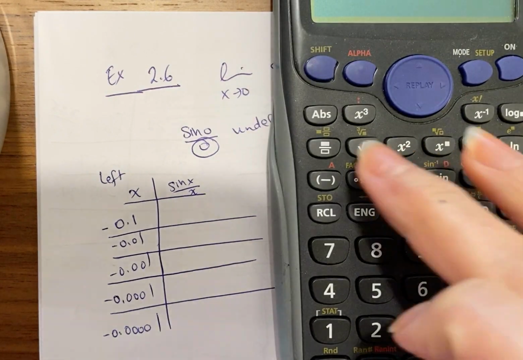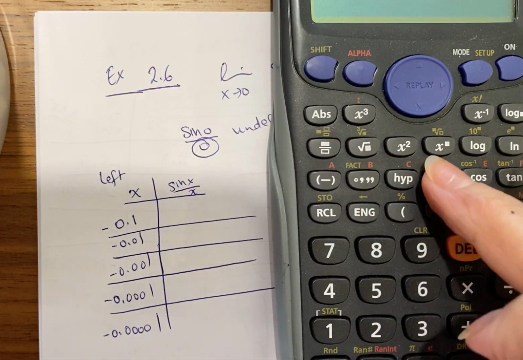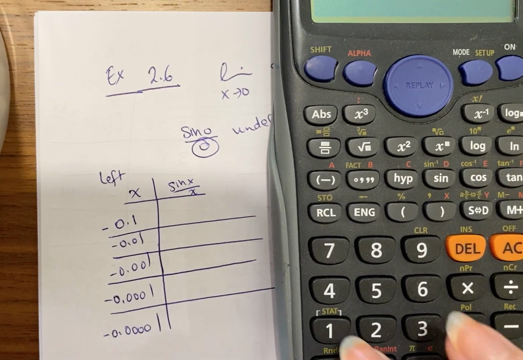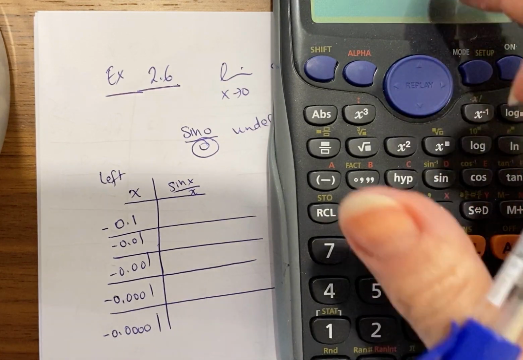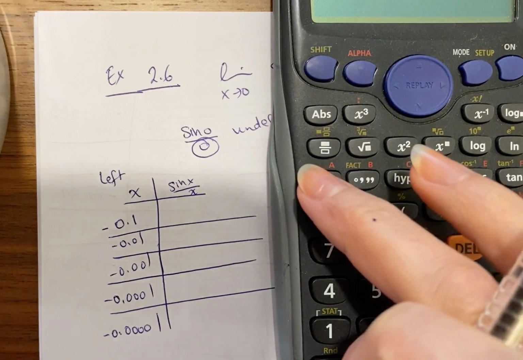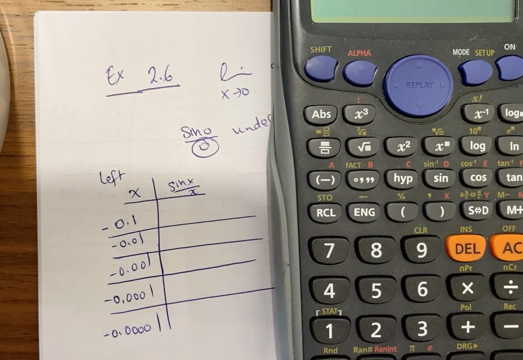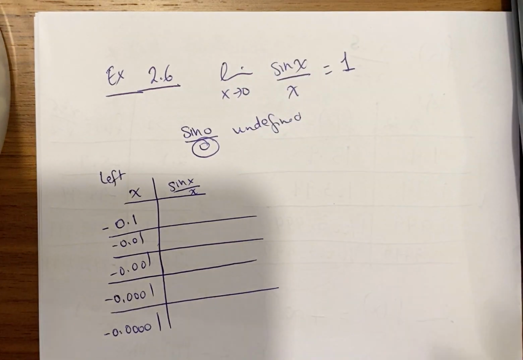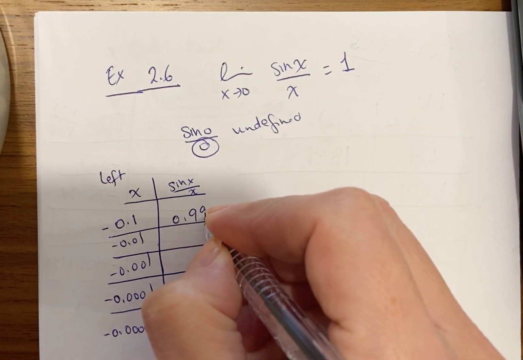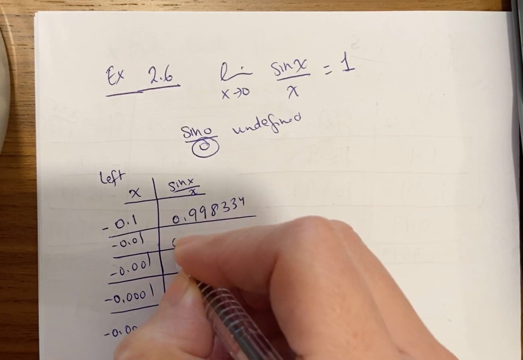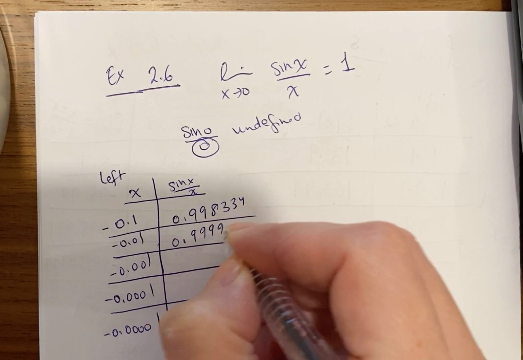It's simple, we're not doing anything extra. So we do sine of minus 0.1 radians, of course, on your calculator, over minus 0.1. We get 0.998334. Try the next one, you will get this.